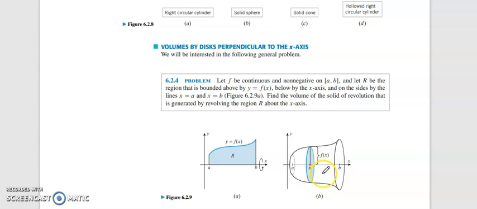That's how the name method of disk comes. So here we are finding volume by disks which are perpendicular to the x-axis. When we take cross sections perpendicular to the x-axis, they will be disks. Okay, now let us look at how to find the volume.